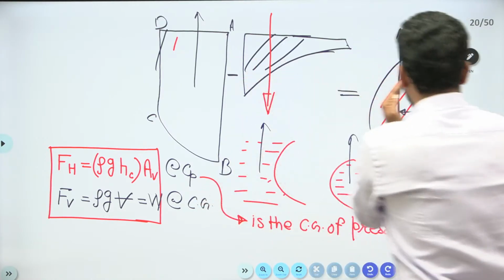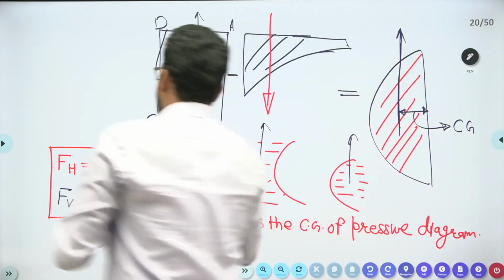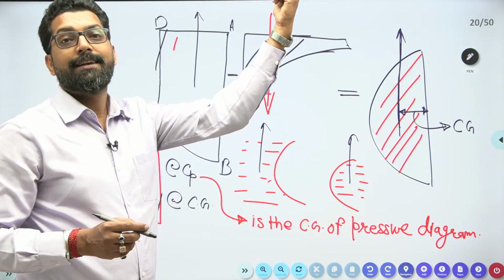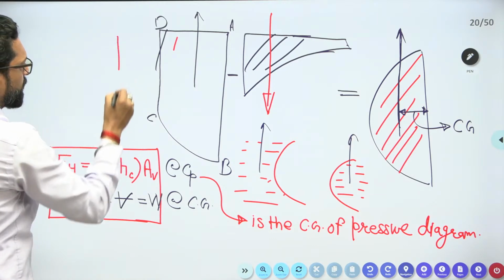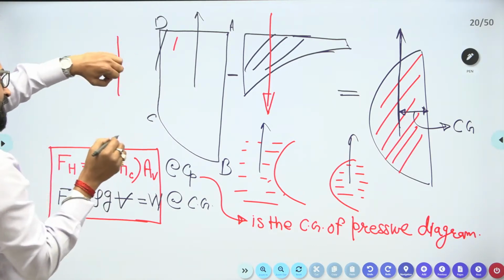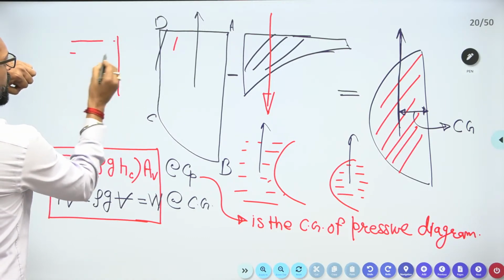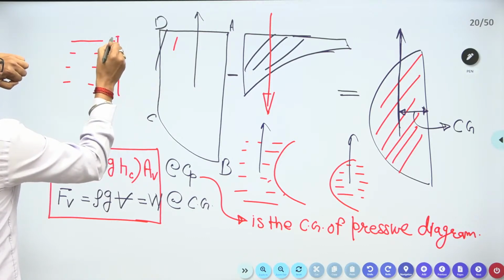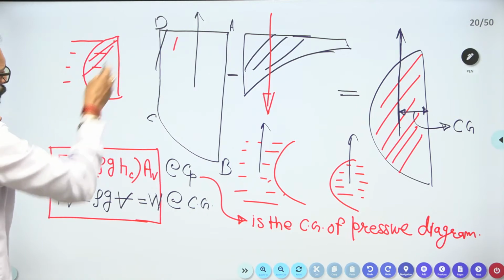If this is a flat surface, you just displace the fluid, so the force is in the outward direction. See, there is a horizontal surface. If you pull backside and there is a fluid, and you make a curve, this amount of the fluid will be displaced.